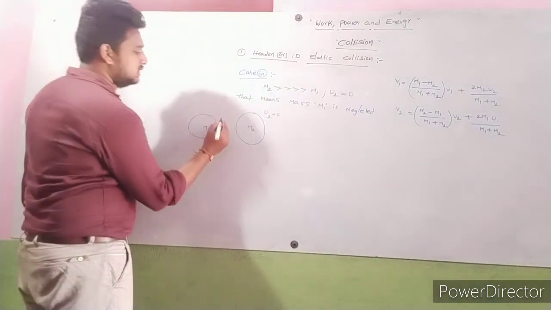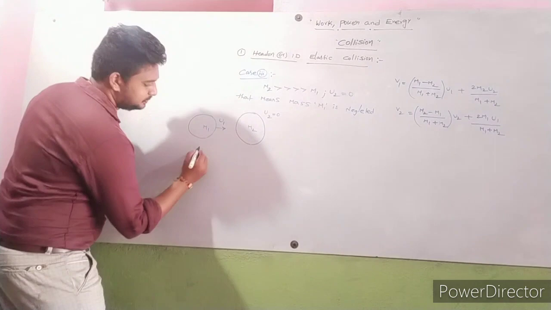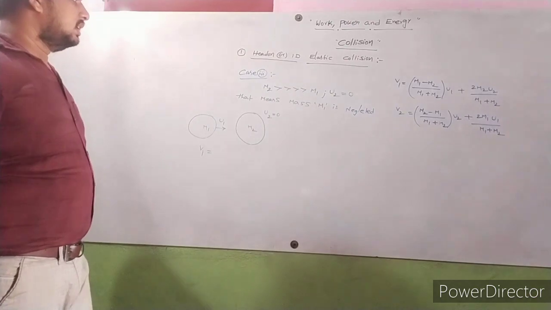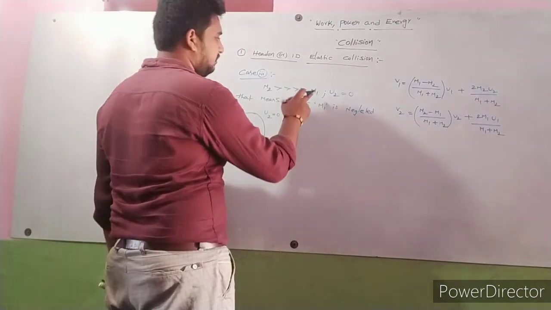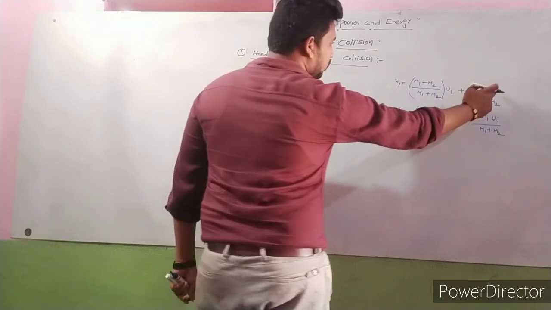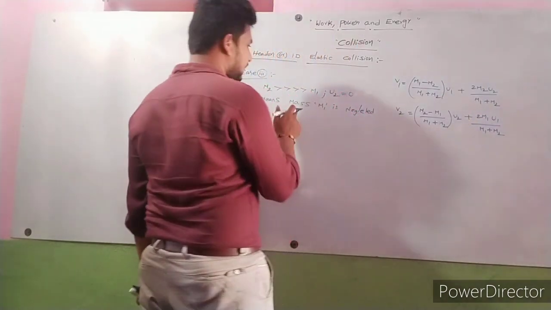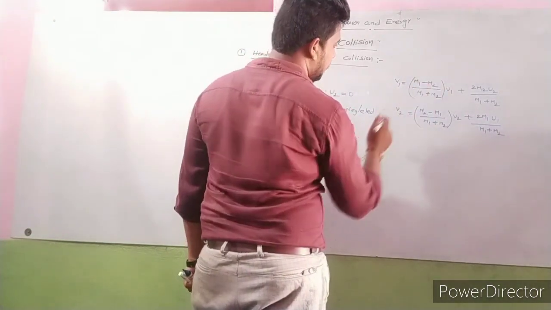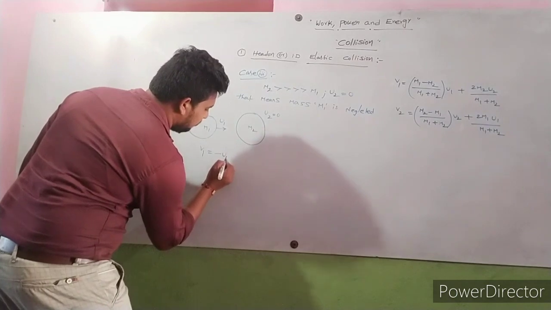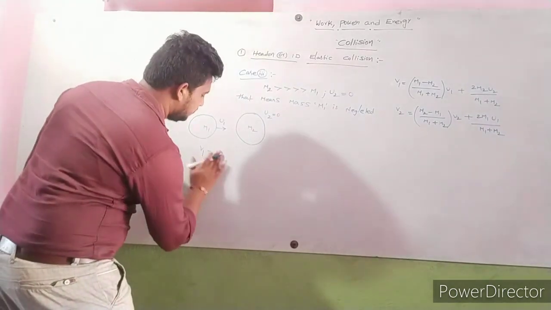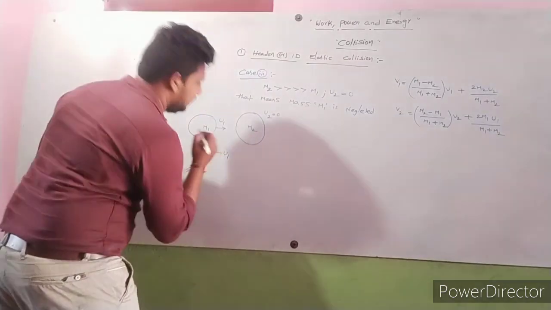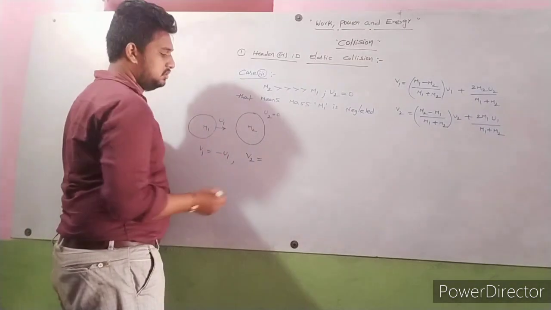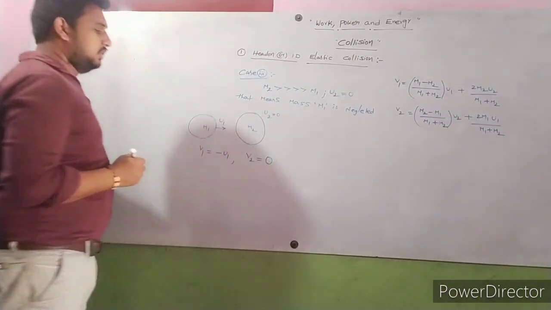For the final velocity v1, observe carefully: u2 is equal to 0, so that term becomes 0, and we neglect m1. Then m2 cancels, and v1 is equal to minus u1. Next, v2 is equal to 0, nothing changes in this.